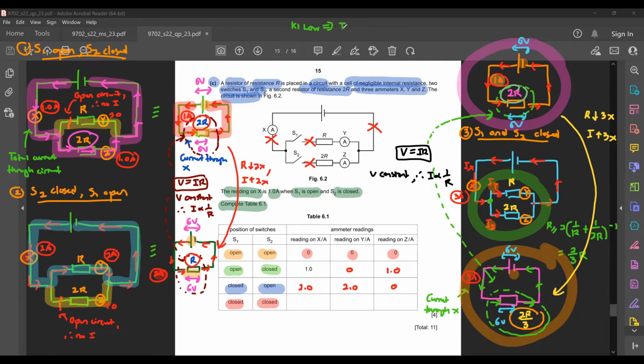So I can say that IX is equal to IY plus IZ. Okay, so there's one relation here that I can get.